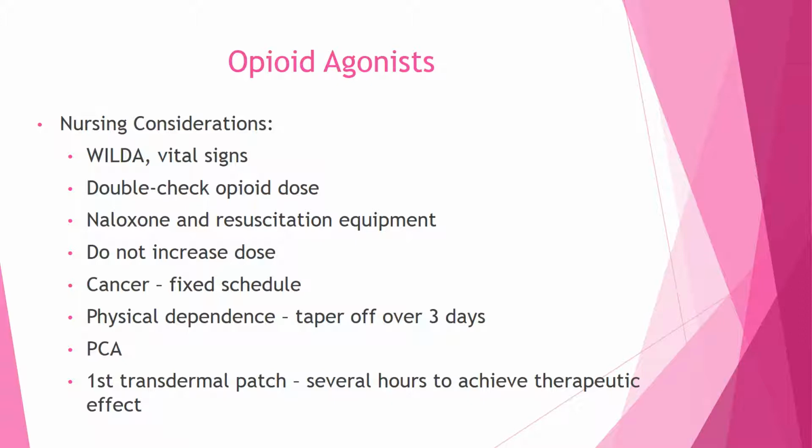If they are showing signs of respiratory depression, we need to be administering this medication. Do not increase the dose without consulting the physician. They need to make sure they're consulting their provider before they automatically just increase that.